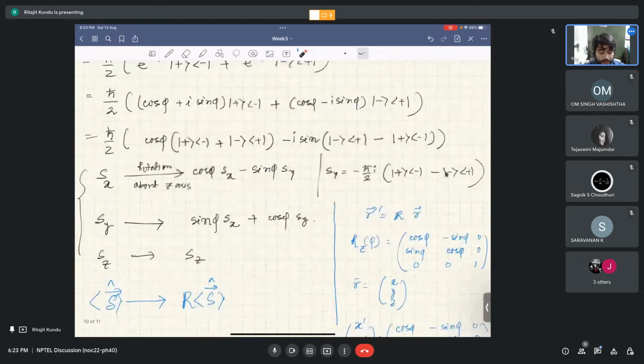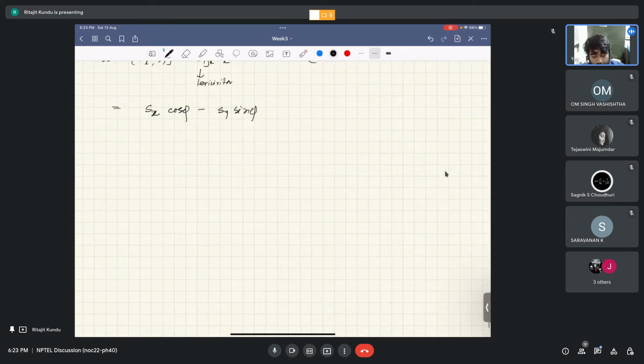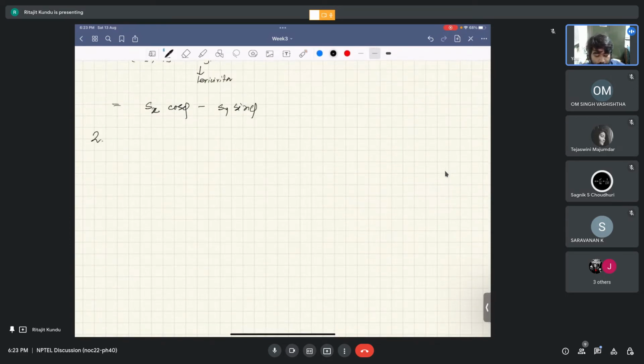So problem 2 is to rotate a general ket. I'm assuming that this is the case of spin half. So I am writing this in terms of the completeness relation.